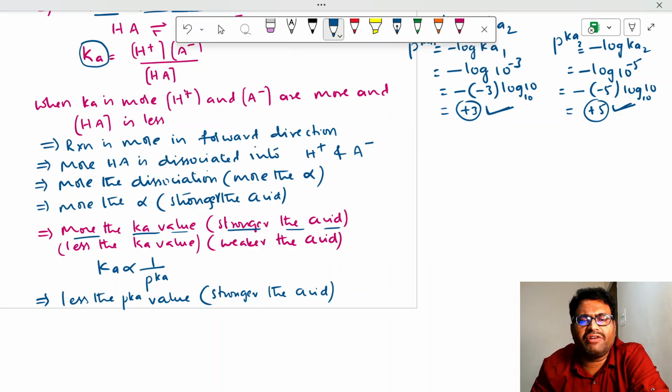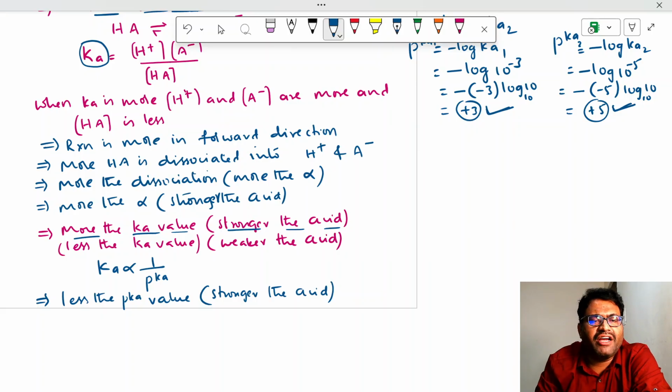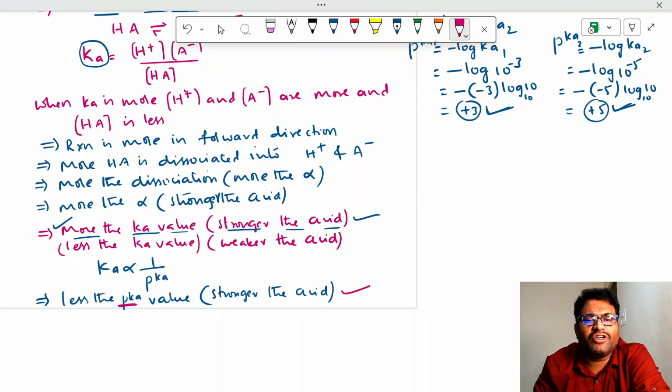As those two are inversely proportional, here we have studied that the more the Ka value, the stronger the acid. In the same way, we say that the less the pKa value, the stronger the acid, because a more Ka value means a less pKa value. Here we have seen the less the Ka value, the weaker the acid.